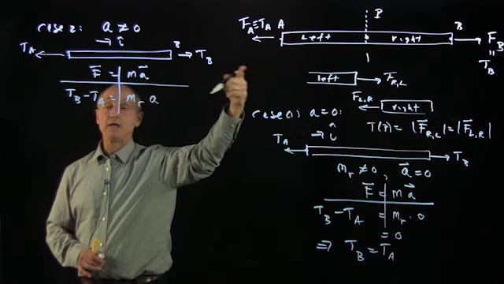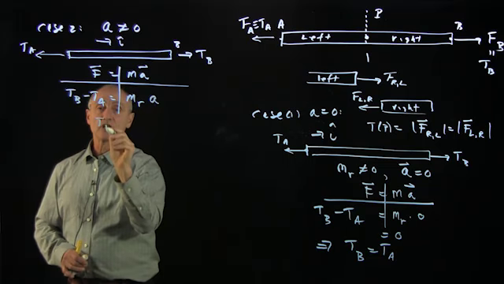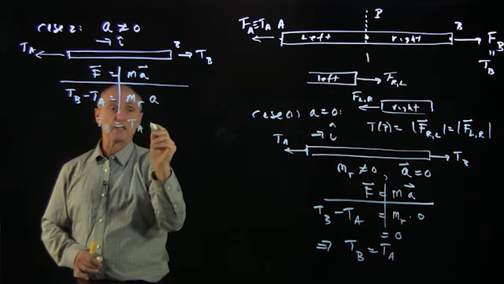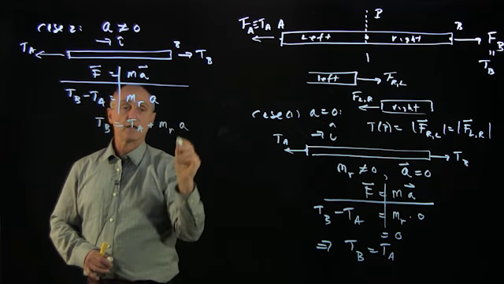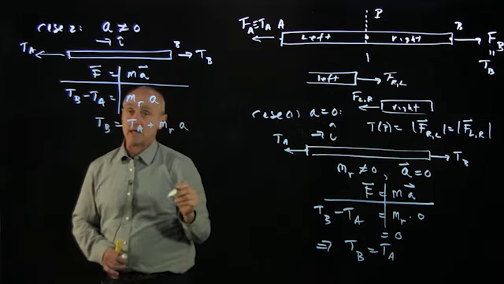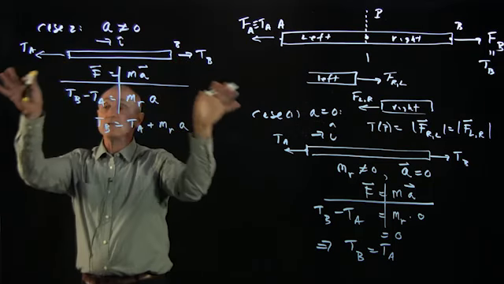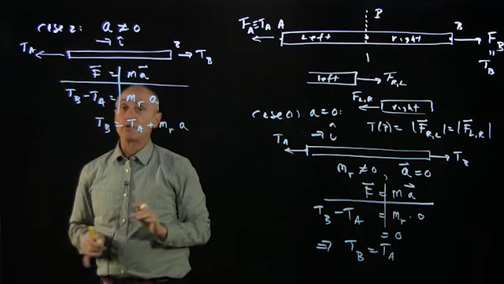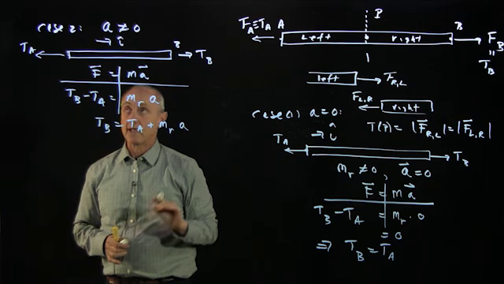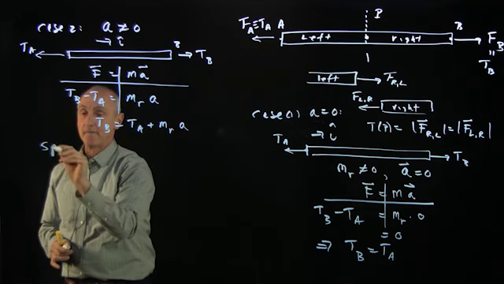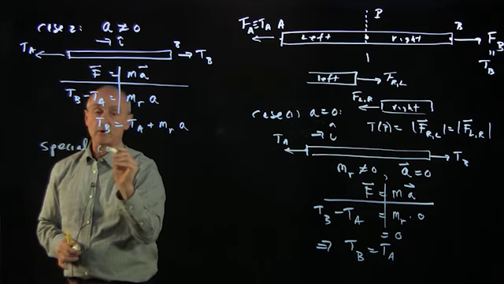So you're pulling such that T_B is greater than T_A by precisely the quantity m_r times a. And so the tensions at the ends are not the same, and therefore the tension in the rope is not uniform. Now there's a special case here that we want to consider.